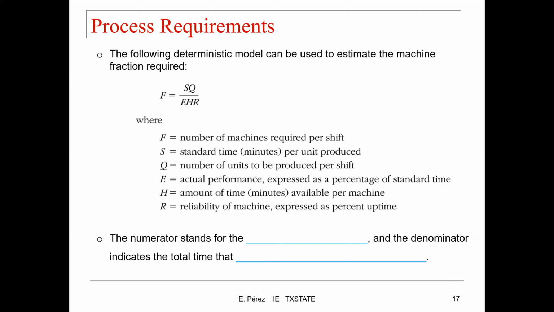E is the actual performance expressed as a percentage of the standard time. H is the amount of time in minutes available per machine, and R is the reliability of the machine expressed as a percent uptime. The numerator stands for the total time required per shift, and the denominator in this formula indicates the total time that one machine is available per shift.